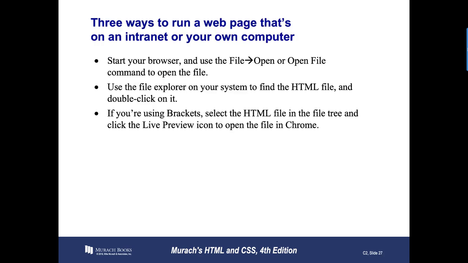Yep. So the way that I want you to test all of your code is using Live Server Preview when you're developing locally. When you do move your code, CSS, and images up to the Clark web server, I'm going to want you to actually go to the URL of your work on the Clark web server and test it out, because the Clark web server is case sensitive and it's not going to render things that don't match the case that you gave something, like maybe a CSS style sheet name, an image name, a file name, and things like that.